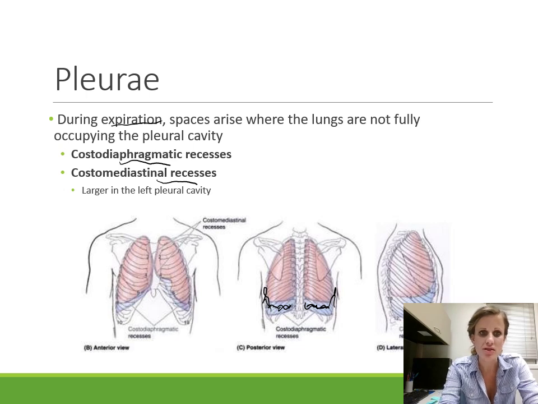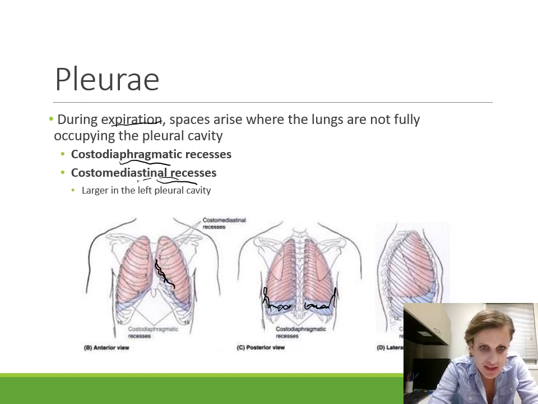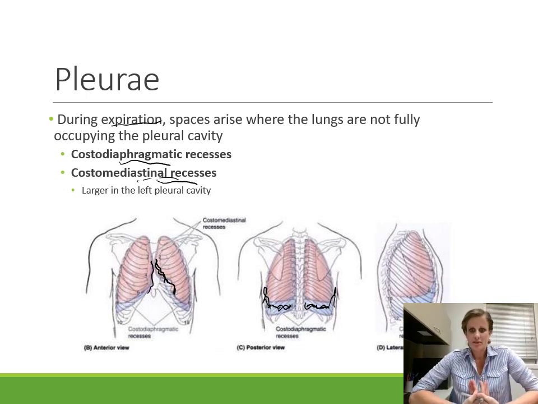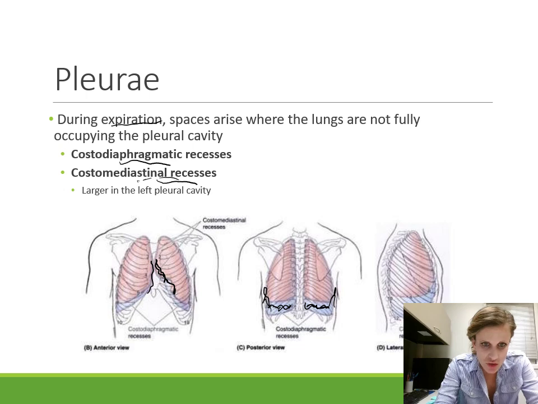The costomediastinal recesses are in towards the mediastinum, so towards the medial aspects. They're kind of hard to see on here though, because they tend to creep behind the sternum and behind the lung.